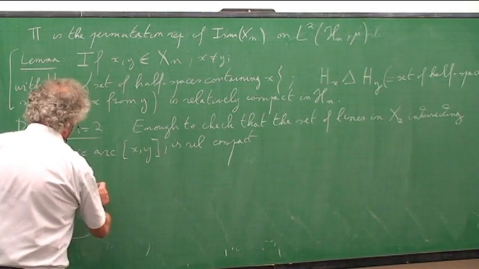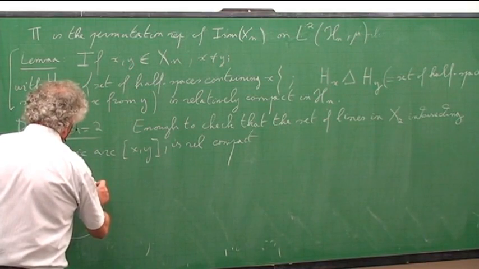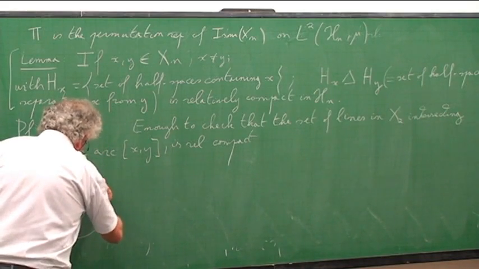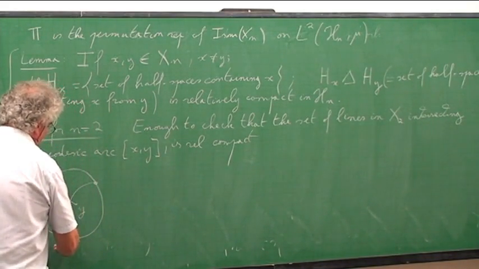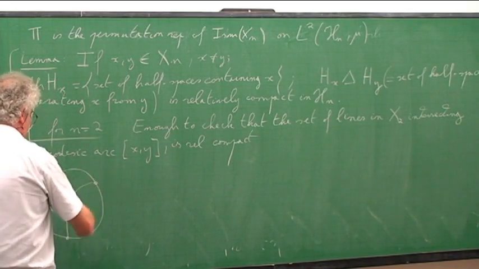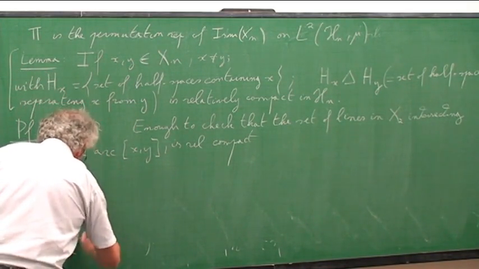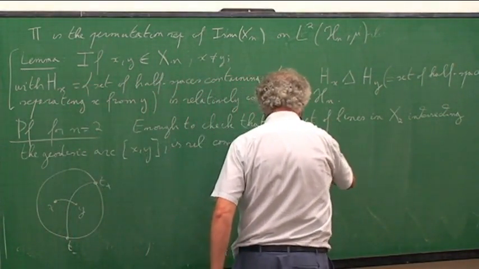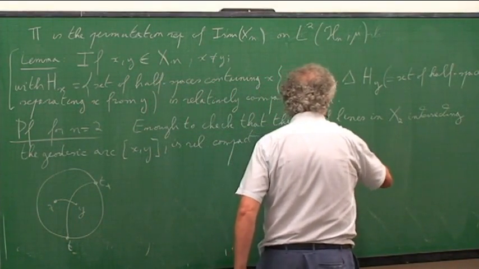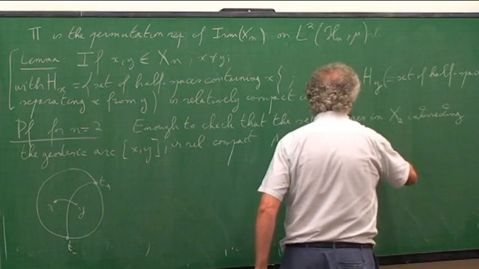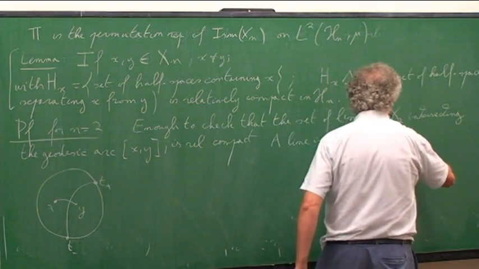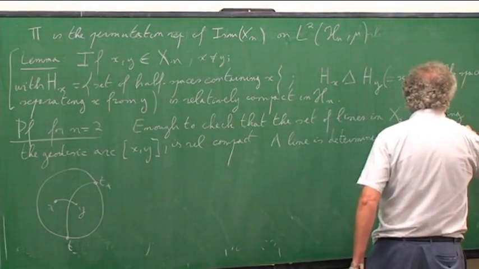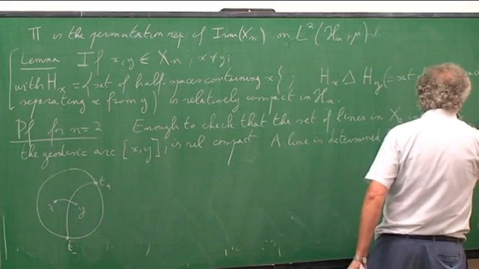What is special about dimension 2 is that a line is completely determined by its two endpoints, the 2 points at infinity, say p minus and p plus, in the boundary.